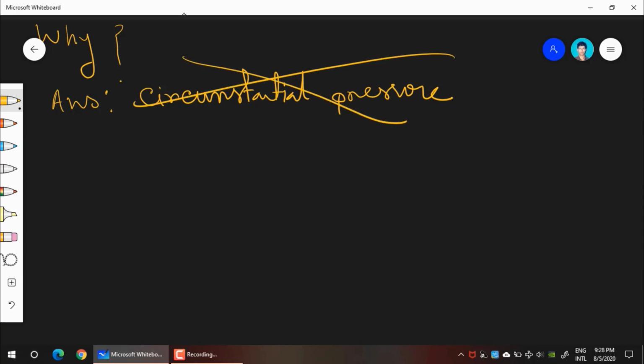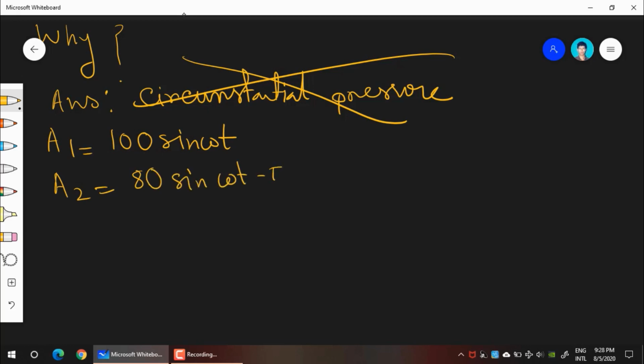The correct answer is that, before I discuss this, let me show you some illustration. Let us have A1 equal to 100 sine omega t, and A2 equal to 80 sine omega t minus pi by 6.